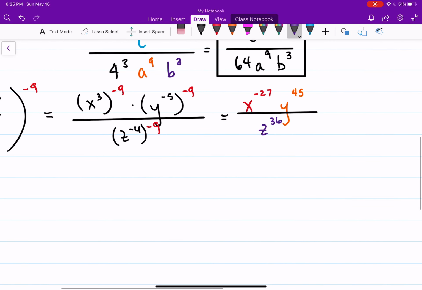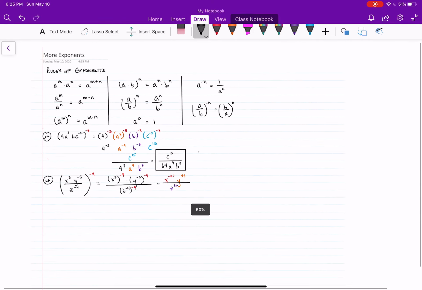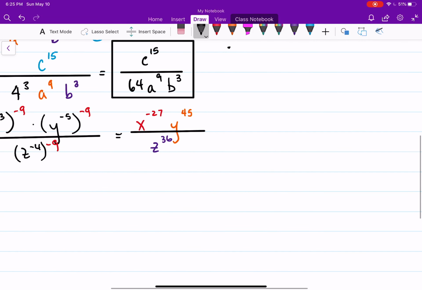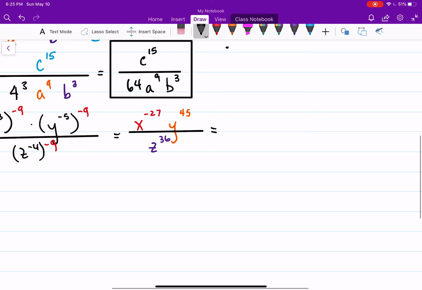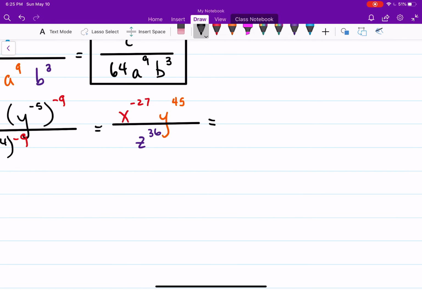So now we move them. I'm just checking my width of my paper here. So if I was to combine this, or simplify or move it, I should say, because that's step 2, clearly to me, the x wants to go to the bottom because it doesn't like being on top. So x to the 27 is here.